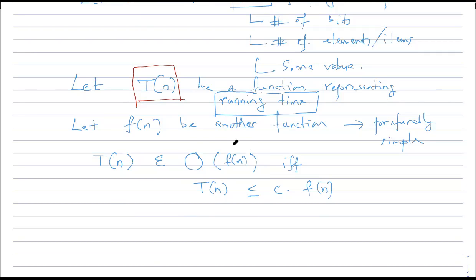So clearly this is representing a set of all such f of n such that T of n is going to be less than or equal to a constant times f of n, okay? So this is for some constant c, okay?